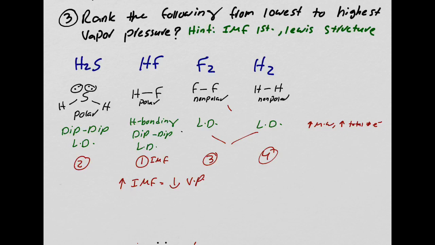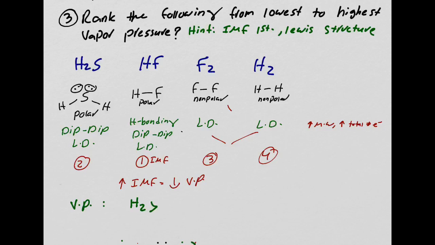So if I want to rank these guys, how would I rank them? The higher the IMF, the lower the vapor pressure. So for vapor pressure, I would get H2. I'm sorry, give me 1 second. Yeah, H2 would be the highest one.